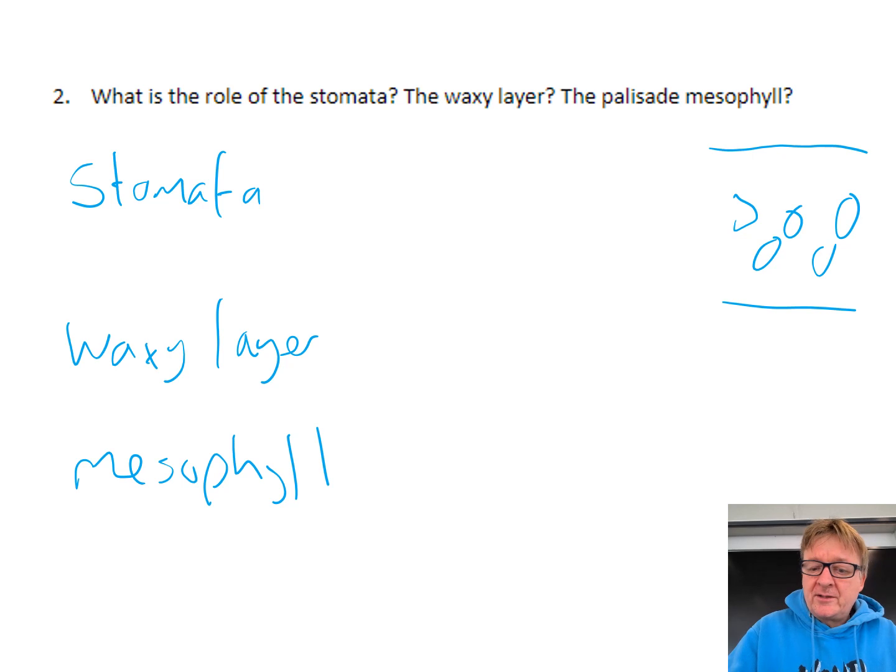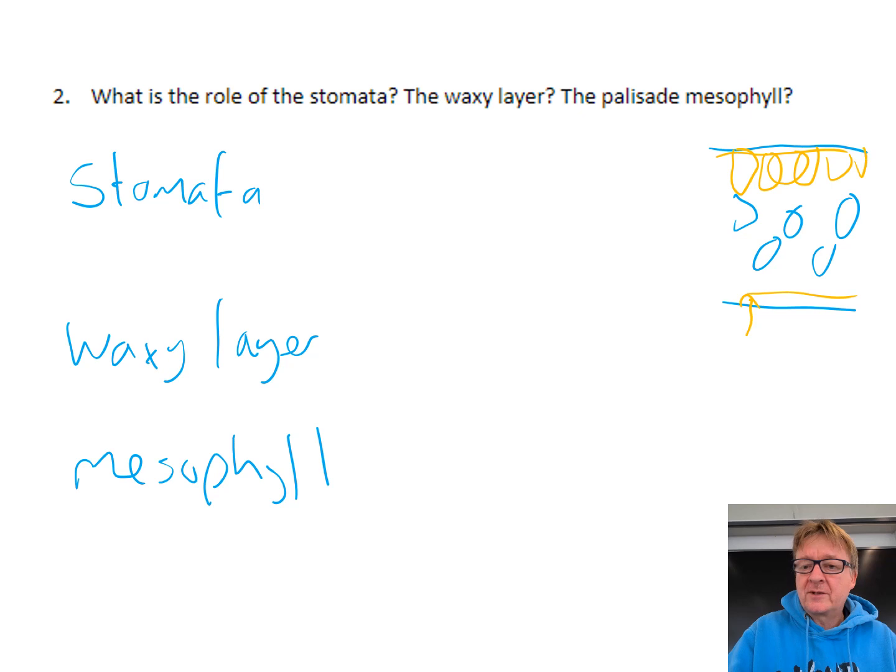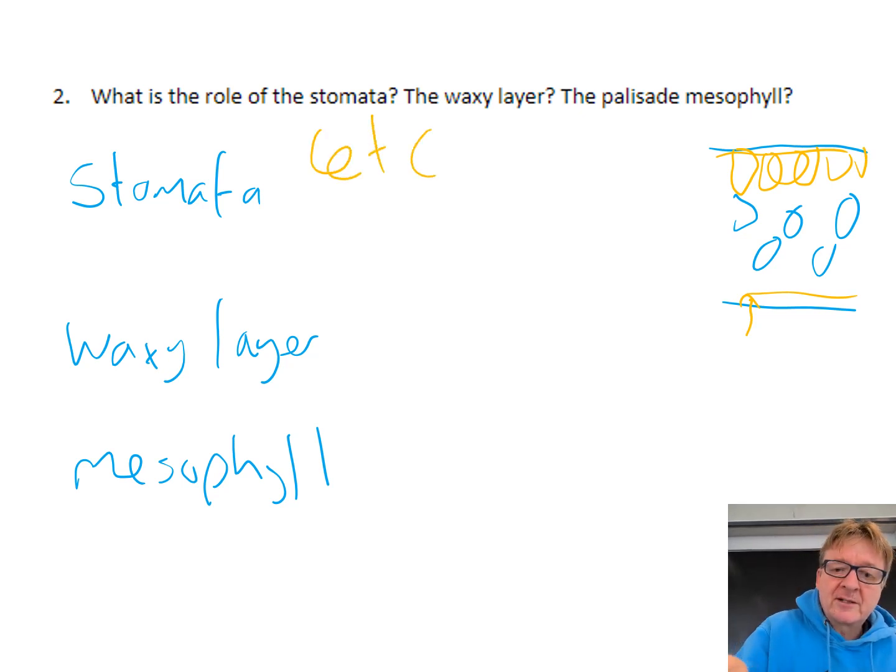The stomata is a hole at the bottom. That's the top layer of the leaf, that's the bottom layer, and then there's palisade cells there. The job of the stomata is to let CO2 in, oxygen out.